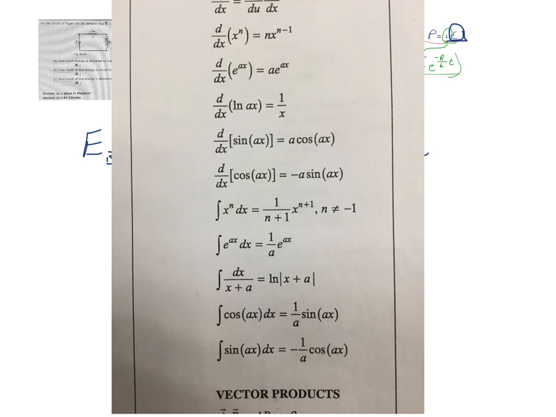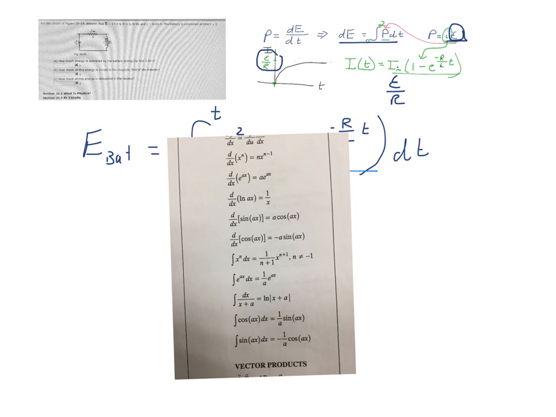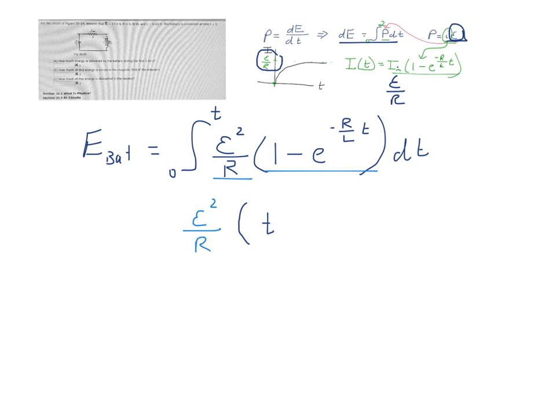It is going to be e to the constant times the variable, ours is time, times 1 over that constant. So minus e to the negative R over L times t, so the constant stays the same, but now we have to multiply by the inverse of that constant, which is going to be negative L over R.